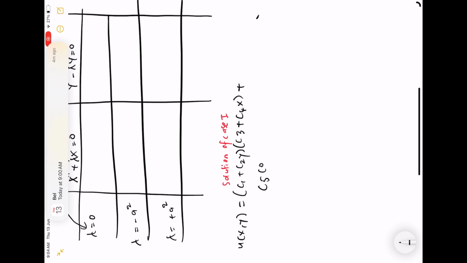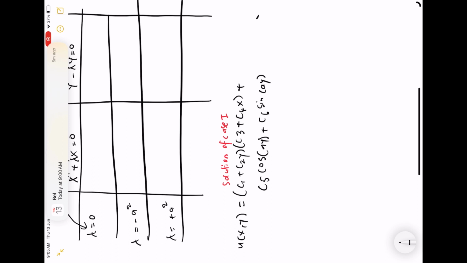Usually the solution for number 1 is shorter compared to the solutions of number 2 and 3. Okay, so C5 cos ay plus C6 sine ay. So you know why they are using cos and sine, because they have the square root of r. Square root of r equal to negative. You have an imaginary number when you take the square root of the value of r.